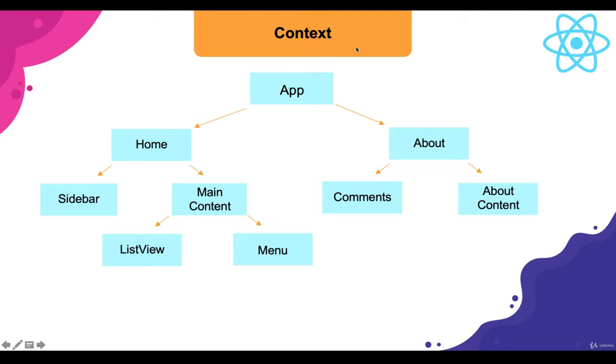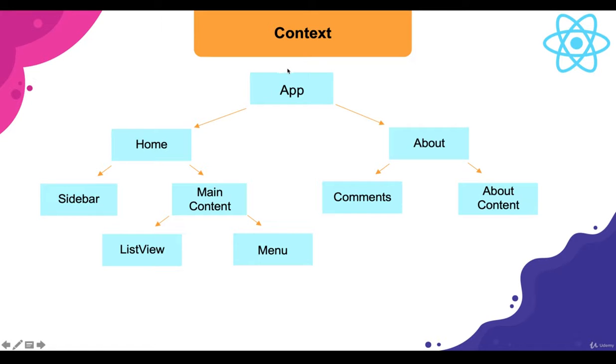So imagine that we have an application with this component tree right here. So we have the app component sitting at the root level, and we have the home component and the about component inside the app. And inside these components, we have some other components as well. Not too complicated a component tree, just a few components.